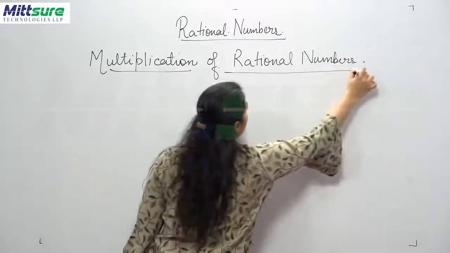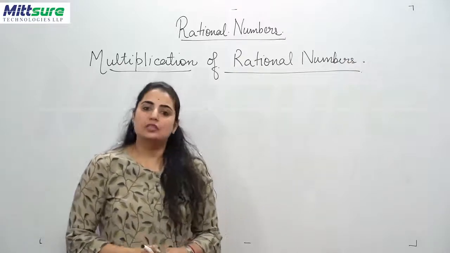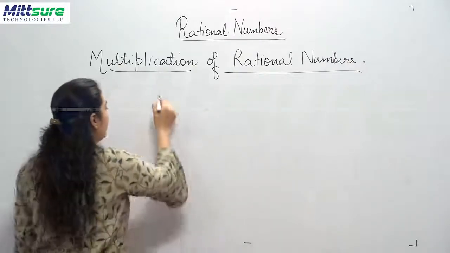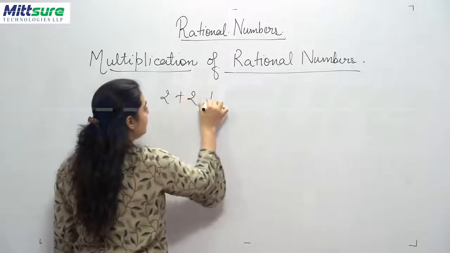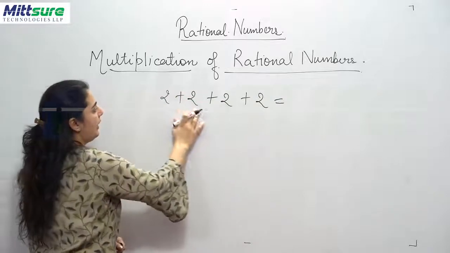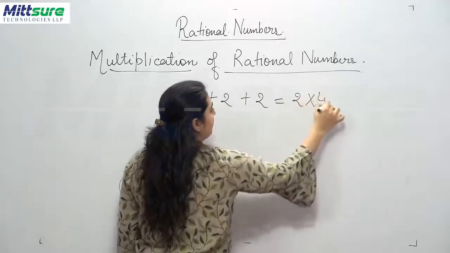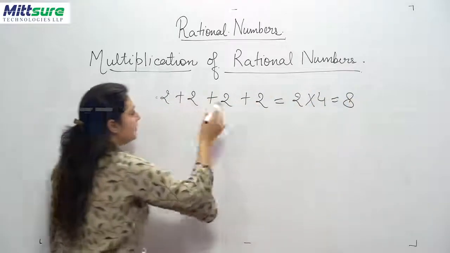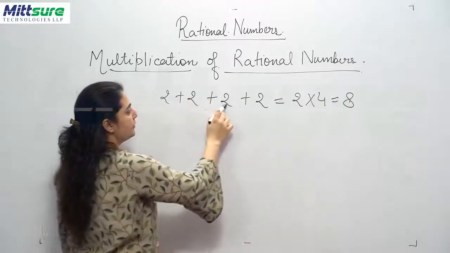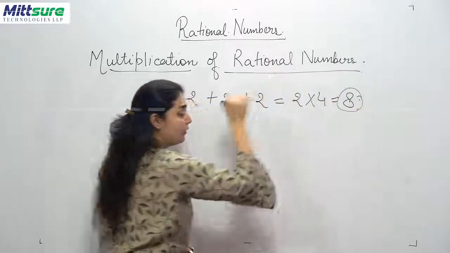So, multiplication, as we all know, is the repetitive addition. Suppose I am adding 2 plus 2 plus 2 plus 2, so I am adding 2 four times. If I do it like this, the result is the same. 2 plus 2 is 4, 4 plus 2 is 6, 6 plus 2 is 8, and 2 multiplied by 4 is again 8.